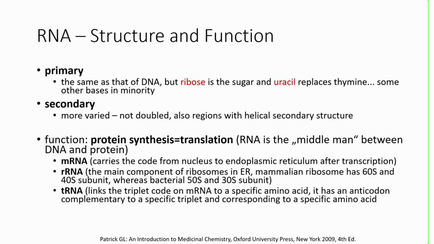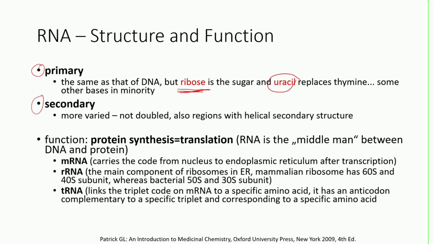The structure of RNA can be primary and secondary. The primary is very similar to DNA. However, the difference is that there is not deoxyribose, but ribose involved in the structure, and uracil is the replacement for thymine in the structure.